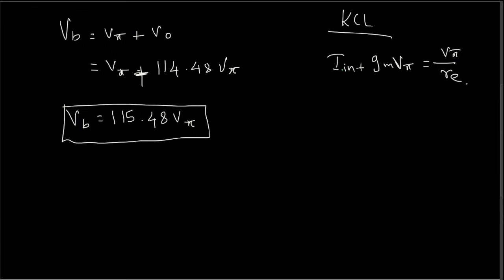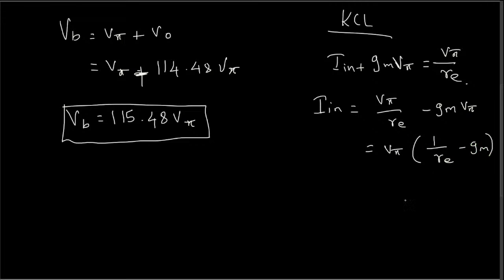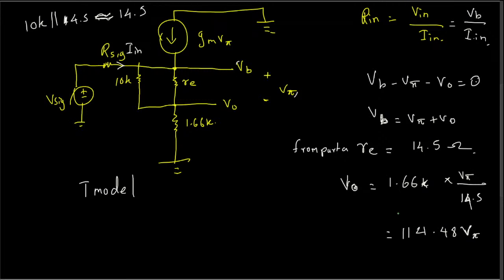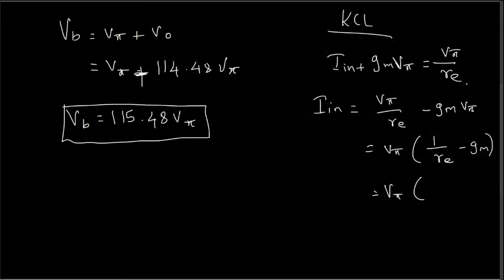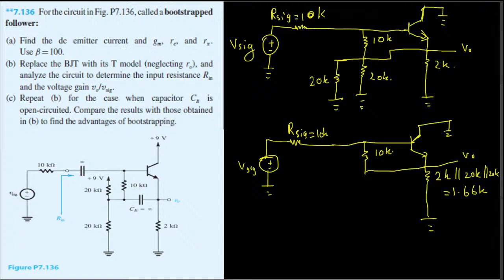Okay, so we are looking for the expression for I in, so I bring the other terms to the other side. This is going to be V5 over RE minus GM V5, and here we can take V5 common. That becomes 1 over RE minus GM, times V5. The RE value from part A is 14.5, so plug that in right here, 1 over 14.5, and we also calculated the GM in part A as well.